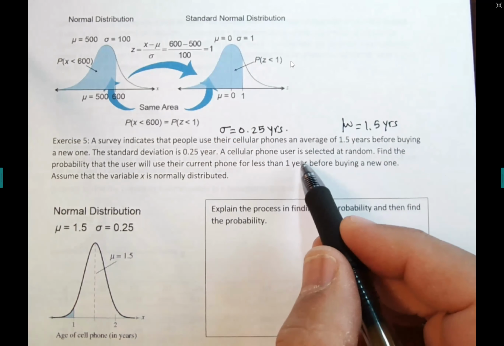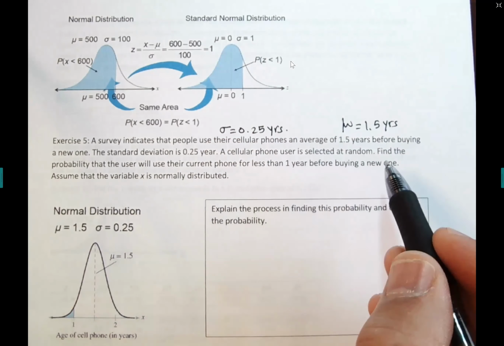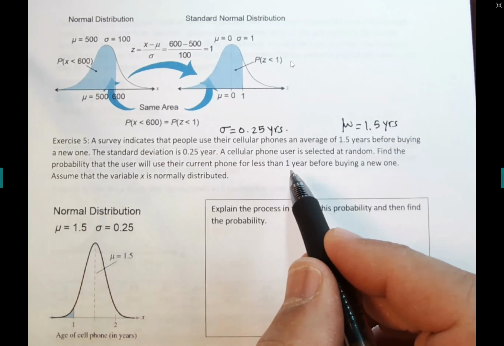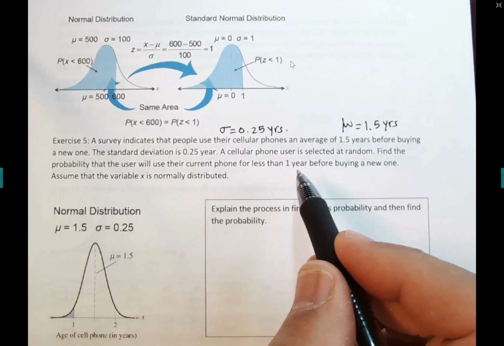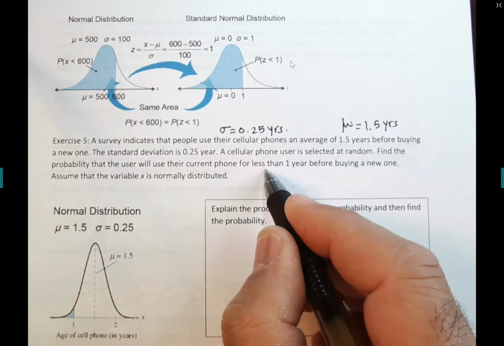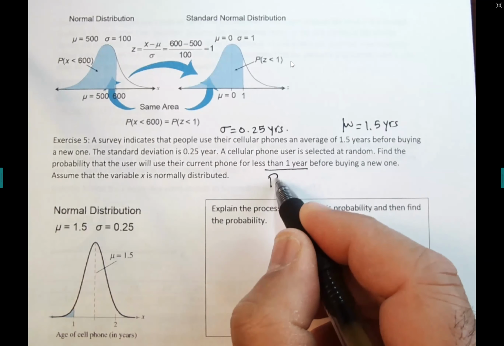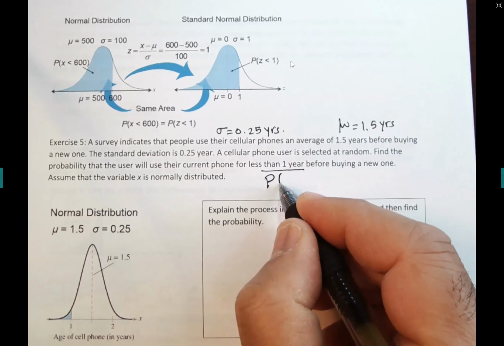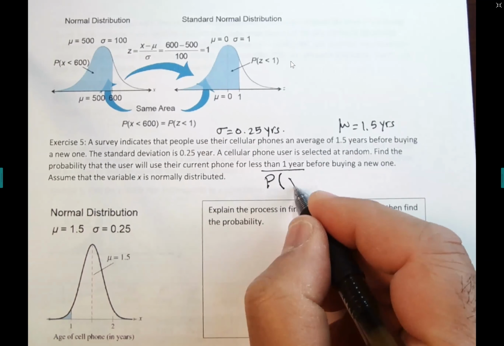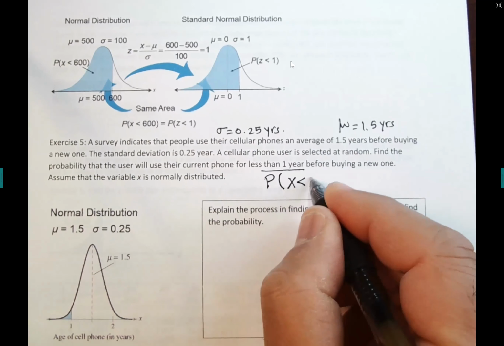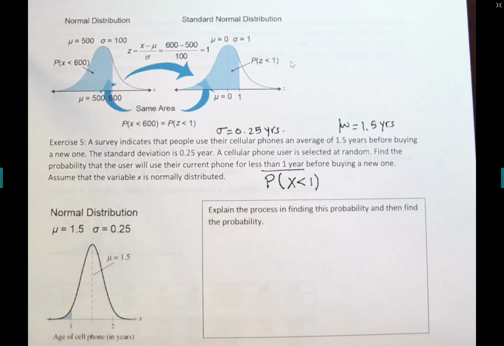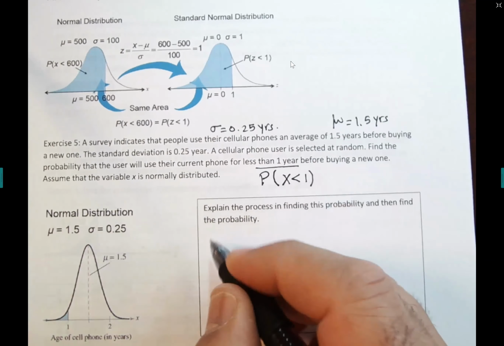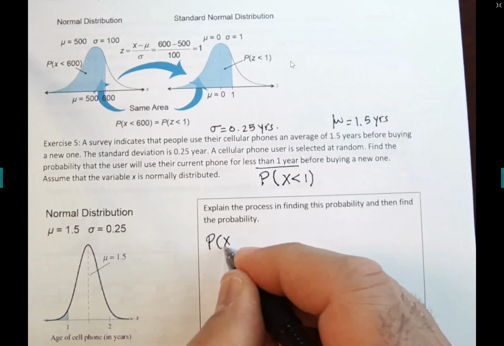A cellular phone user is selected at random. What's the probability the user will use their current phone for less than 1 year? We need a probability, so you write the letter P, open parentheses, X less than 1. Any ideas, guys, how to do this using technology?